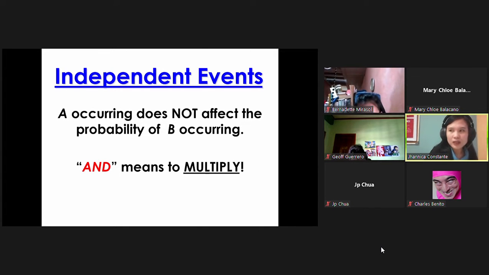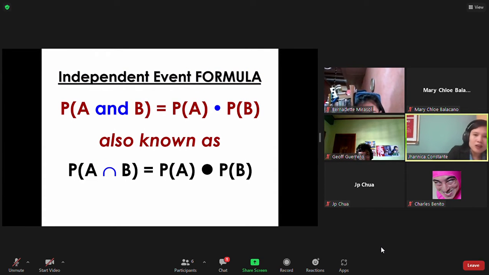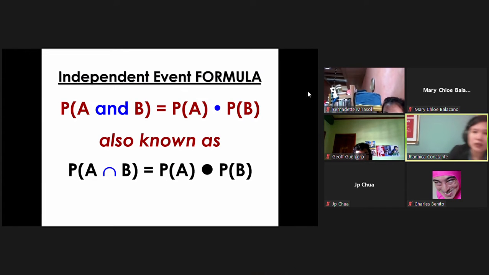That's the formula that we use in finding the probability of an independent event. The probability of an event A, for example, is your first event, and your second event is B. So you just multiply the probability of A, the first event, times the probability of the second event.